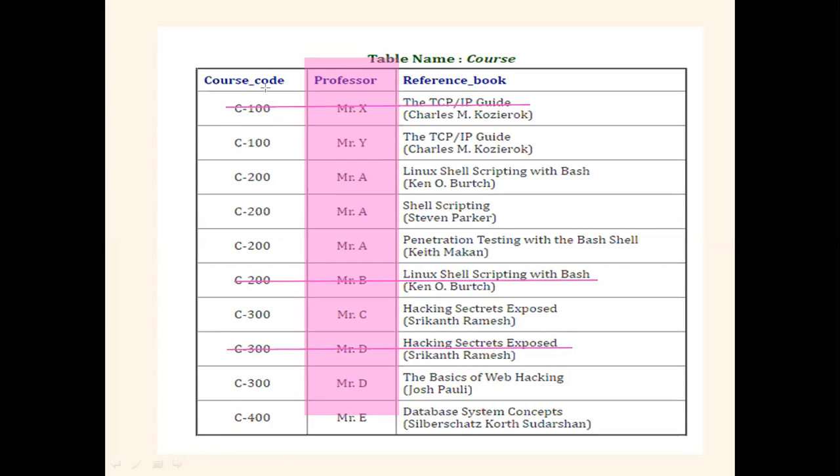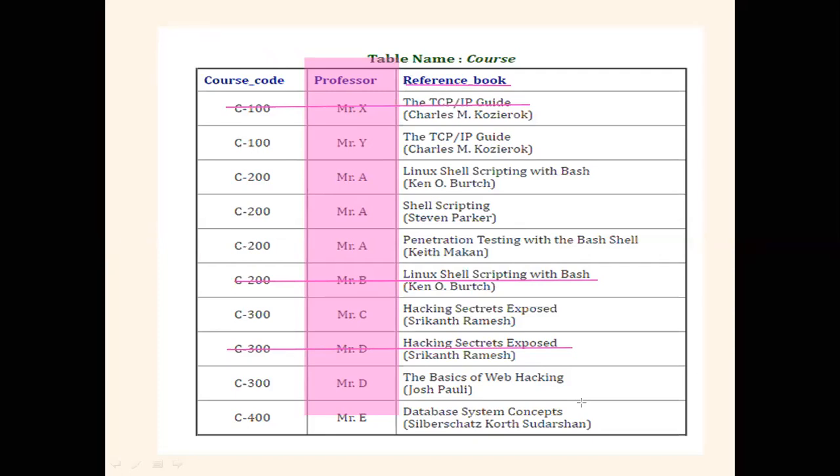So the first table that we have is course code with the professor, while the other table will be reference book and course code. So this reference book, we can take as a primary key where the dependency will be this. So here the one-to-many dependency can be reduced with respect to the table and its execution.